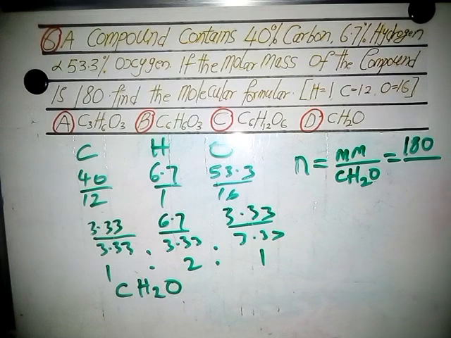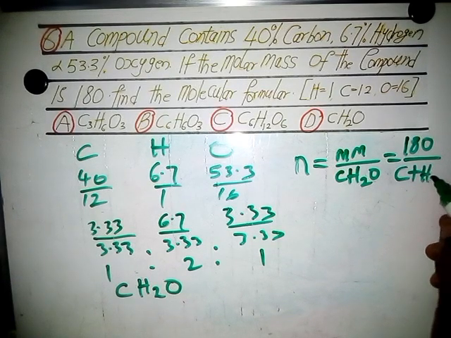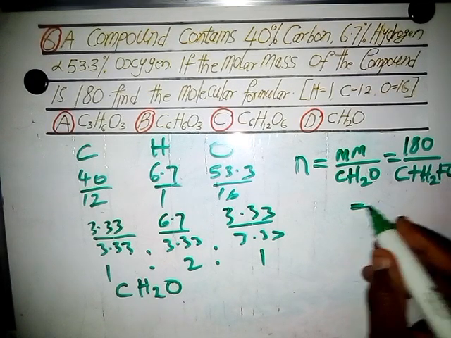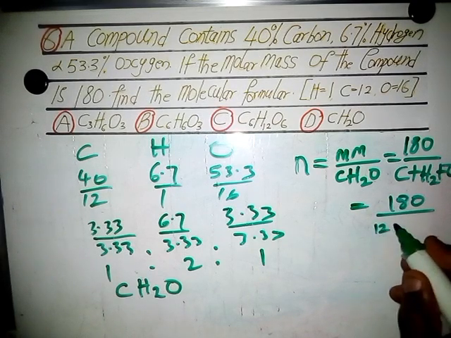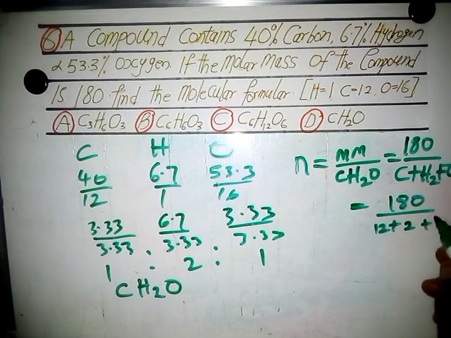So I want to just split it. This is like saying C plus H2 plus O. C is 12, H is 1, O is 16. So this is 180 over 12 plus 2 times 1 is 2, plus 16.